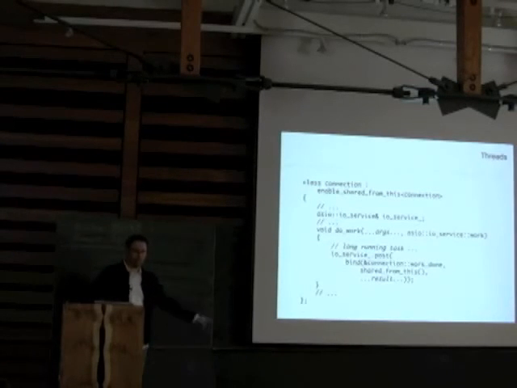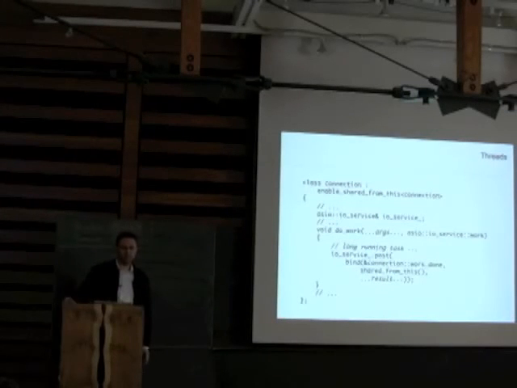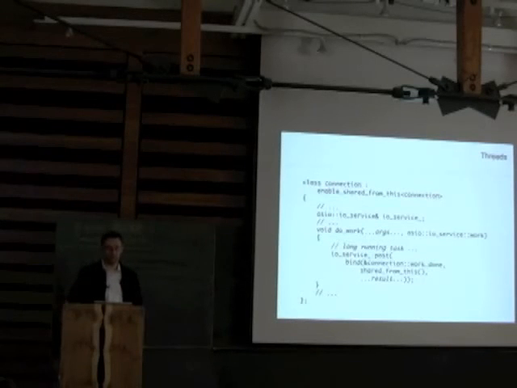When it finishes, you call IO service post to post the result back to the IO service so that it can run in the main thread. And when that work argument goes out of scope, that's how the IO service knows that its last bit of work is done. That's right.